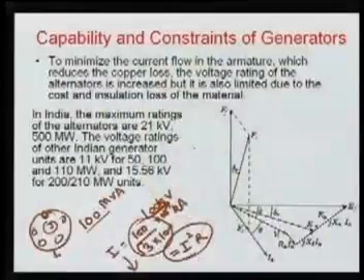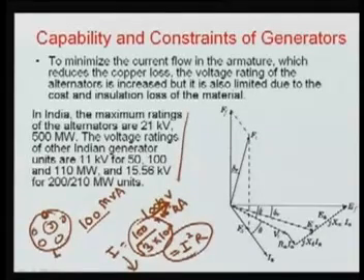That's why we have a limitation here, a constraint of this generating equipment, the generator, that we cannot increase the voltage as much as possible. We can go up to a certain level where we have dielectric material that can sustain that voltage, so that there should not be any short circuit, there should not be any fault.